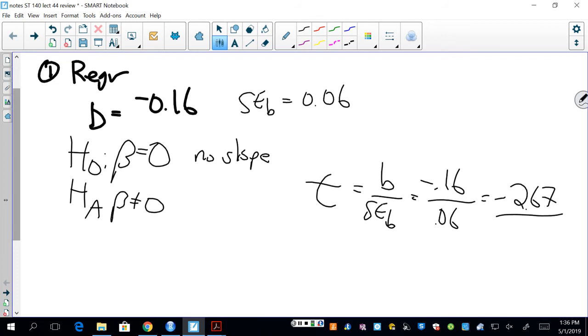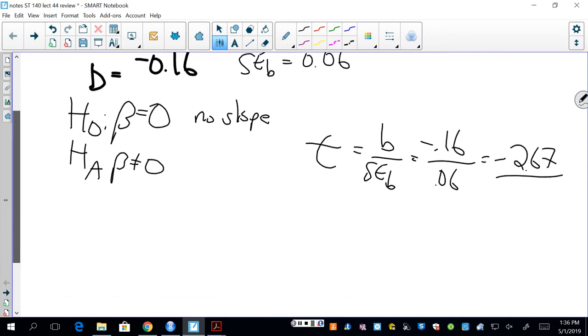So is that a large t-statistic for this problem? Is it far from 0? So in regression, we'd have to compare it to a certain t-distribution. We use n minus 2 as the degrees of freedom, and our book says 97.5 tail.